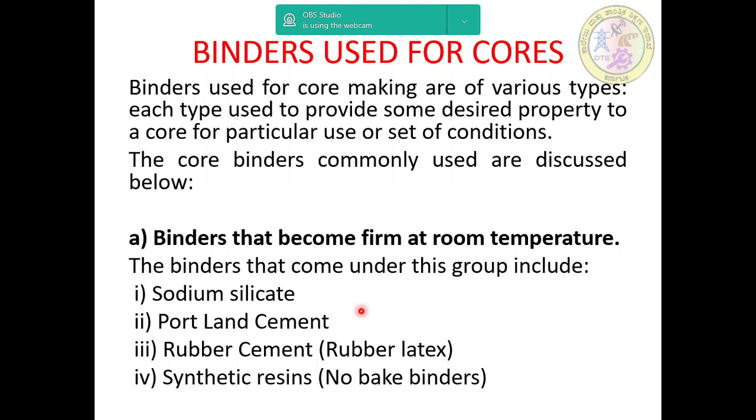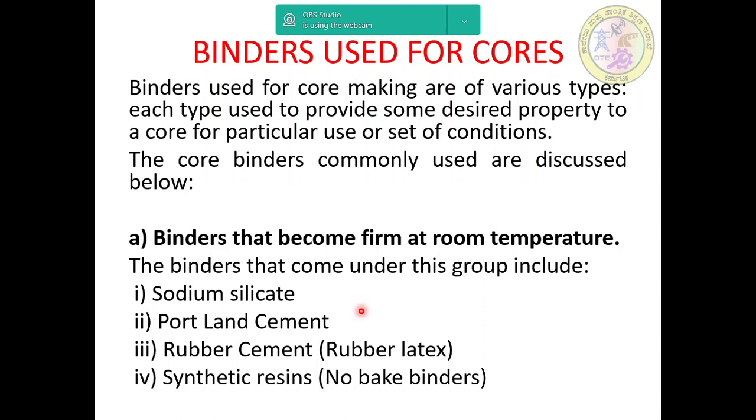In this there are the binders that become firm at room temperature, and then binders that become firm on baking, and then binders that harden on cooling after being heated, and then other binders also we will discuss in detail.